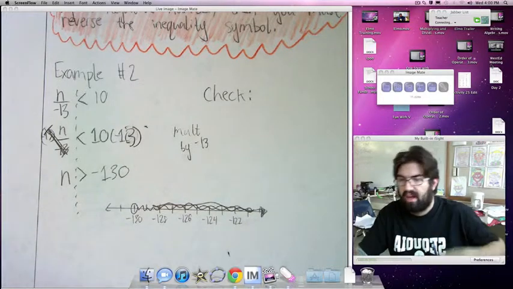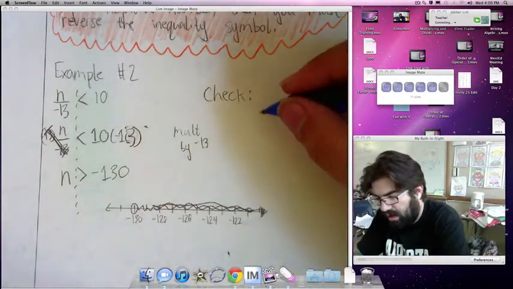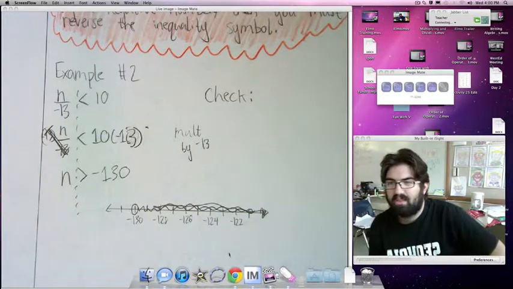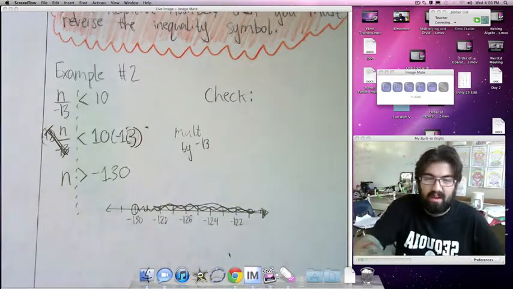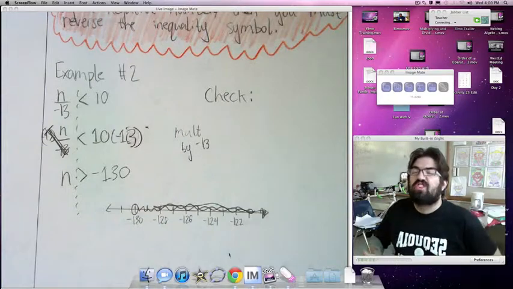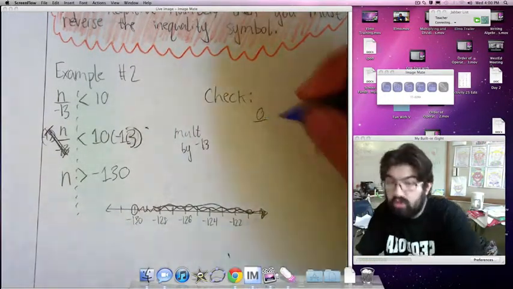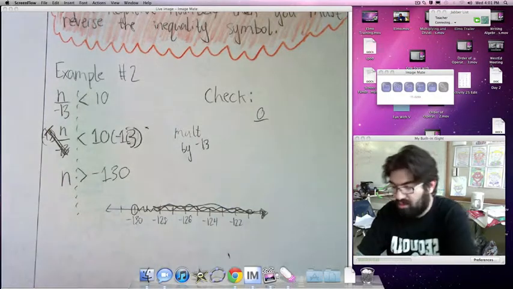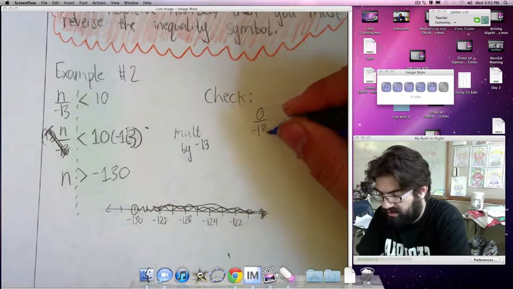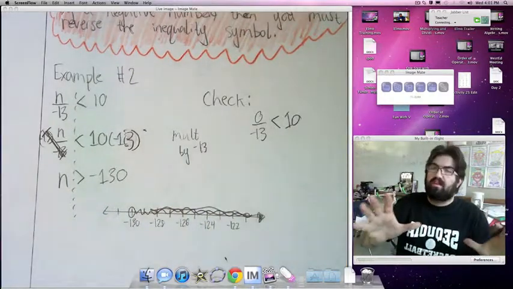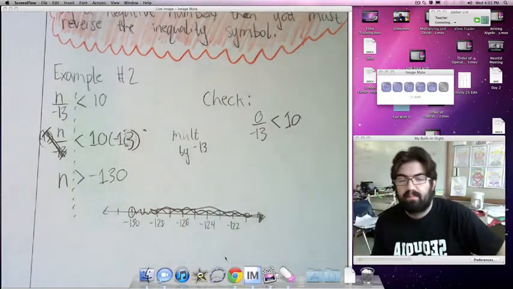So there's my number line. I'm going to take a number bigger than negative 130. I'm going towards the positives, which means I'm going to run over 0 eventually. I'm going to use 0. You can use any number you want. But 0, it's like the magic number of this whole section, if you can use it. You can't always use it all the time.